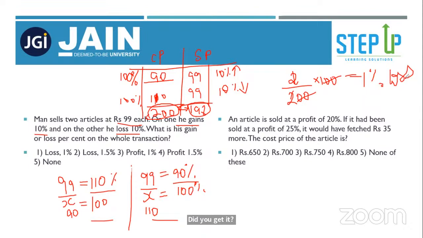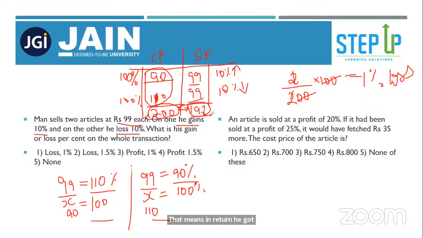Yes, for sure. See the first one, 99, it was sold with 10 percentage profit. So the cost price was 90. Second was also sold at 99, but it was loss of 10%. The cost price is 110. So I'm calculating how much he bought it for. So 90 plus 110, 200. Selling price was 99, 99. That means in return, he got 198.